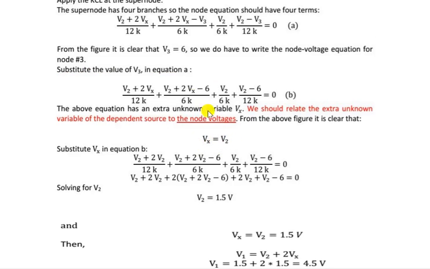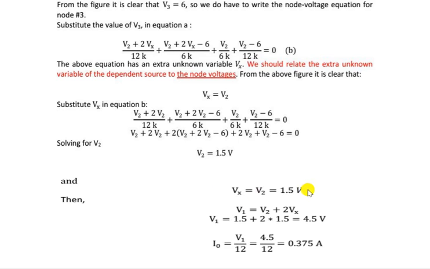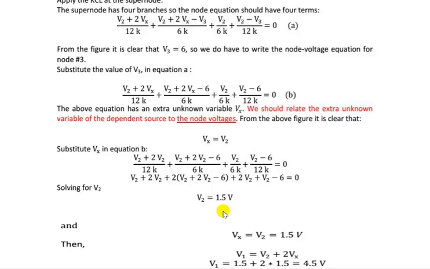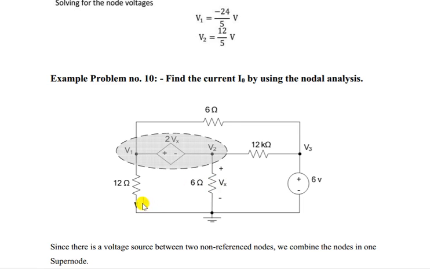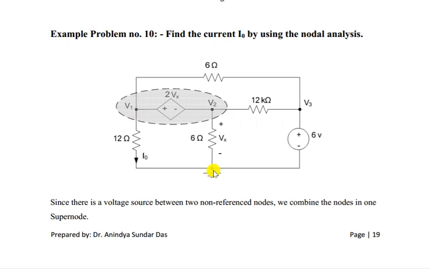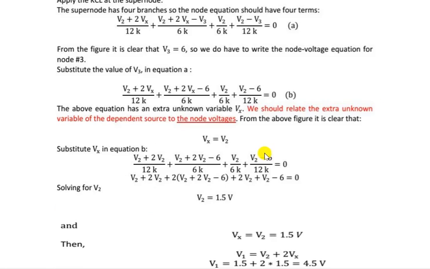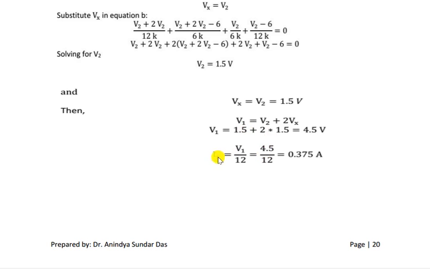You can put V2 equal to Vx here, find out V2, and then you get the value of V1. If you get the value of V1, we can find the value of I0, because that is V1 minus 0 divided by 12. Okay, so we get the value of I0.